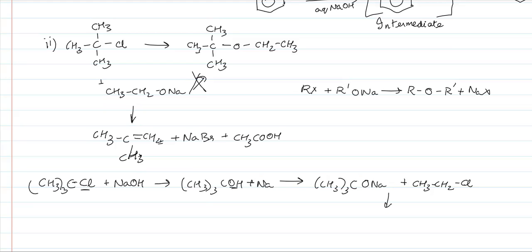So this in turn is going to give us the product that we wanted, that is CH3 taken thrice, COCH2CH3, plus NaCl. I hope that makes sense.